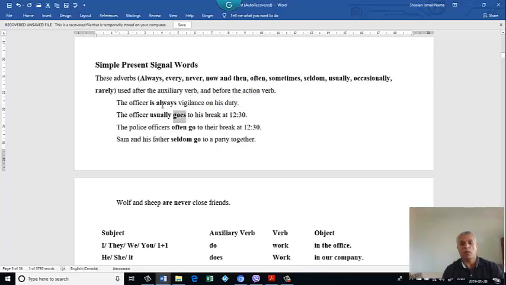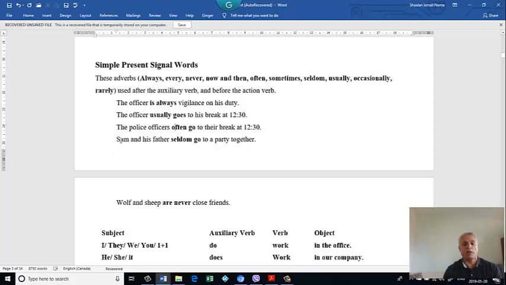If we look at the adverb here, it goes after the auxiliary verb, and we said before the action verb, as here, to his break at 12:30. Then we have the police officers. Because here I have a plural, I don't need s here. Often go to their break at 12:30.